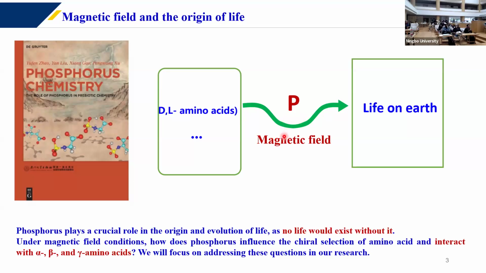Under magnetic field conditions, how does phosphorus influence the chiral selectivity of alpha, beta, and gamma amino acids? Next, we will focus on addressing these questions in our research.